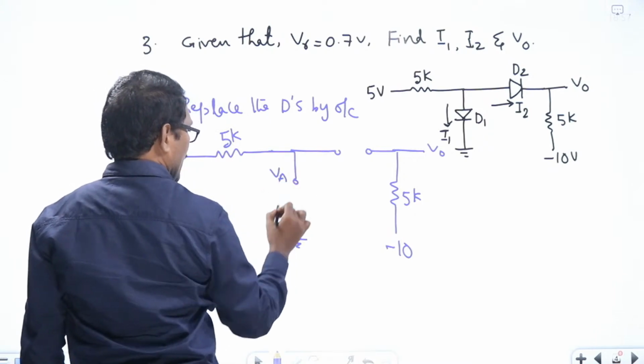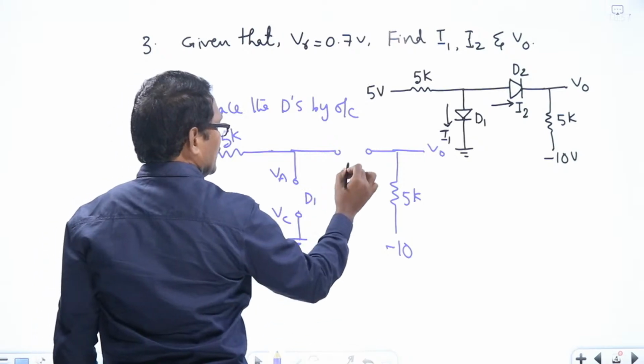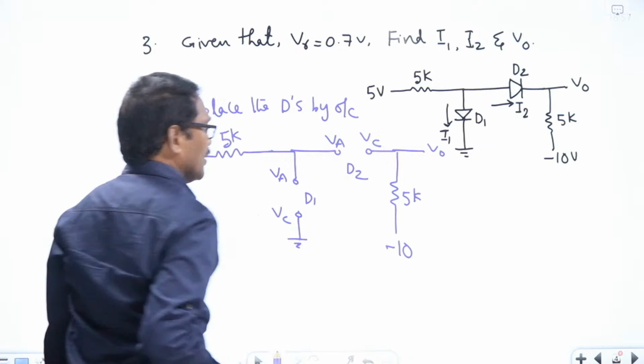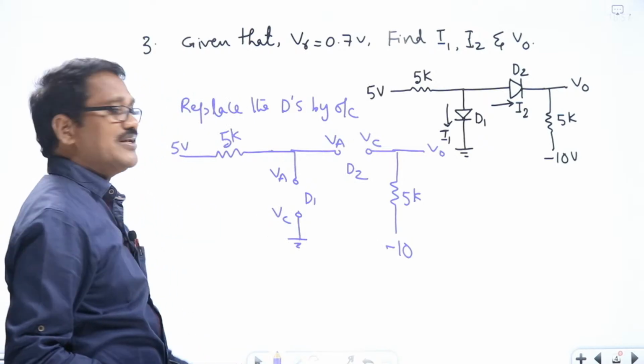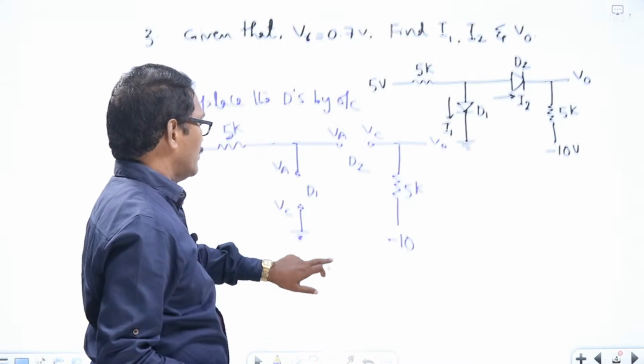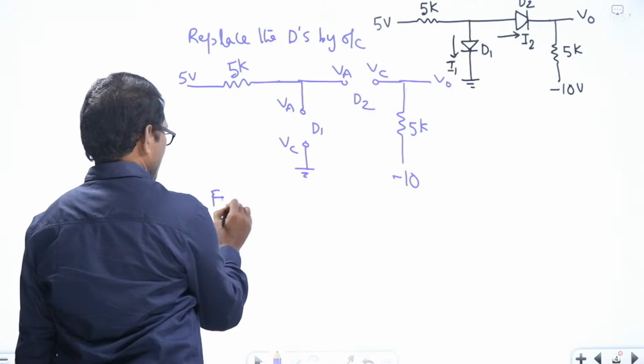VA is the anode voltage and VC the cathode voltage, for D1, and this is also D2, VA, VC. Now calculate VA minus VC for D1.